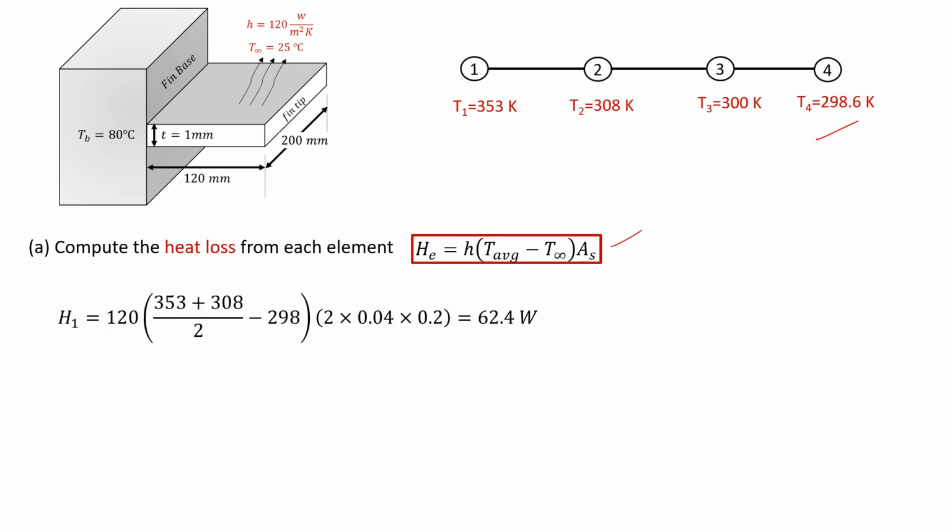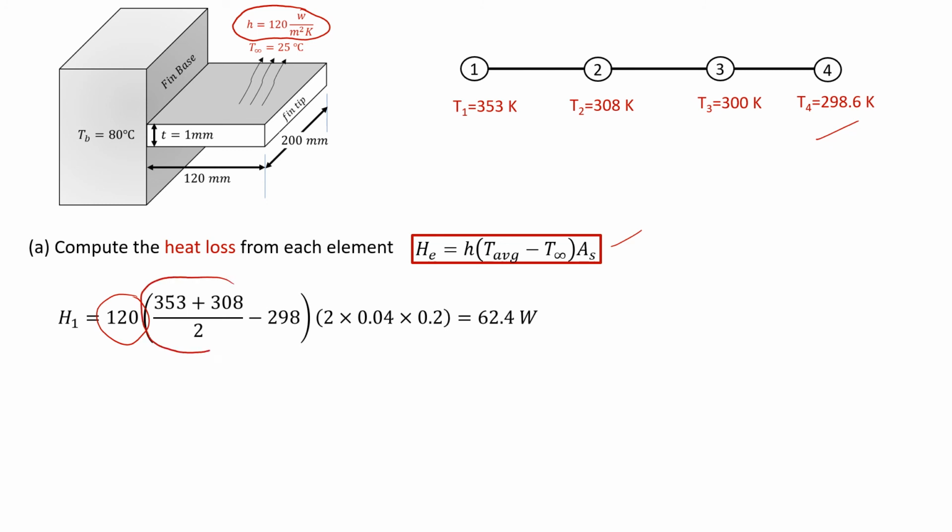For element 1, we just need to replace the small h with 120, as this value is taken from the information given. And then multiply with the T average.